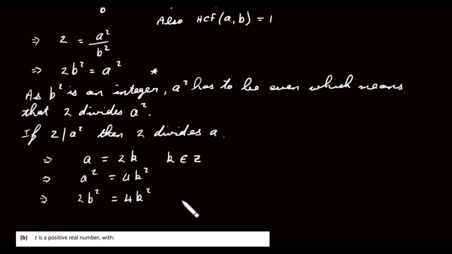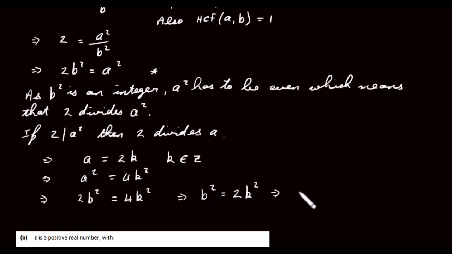I'm just going to come over here now, I'm running out of room. So divide across by 2, that gives you b squared is equal to twice k squared. So again here we can say that if b squared, which is an integer, is twice some other integer squared, then b squared is divisible by 2.